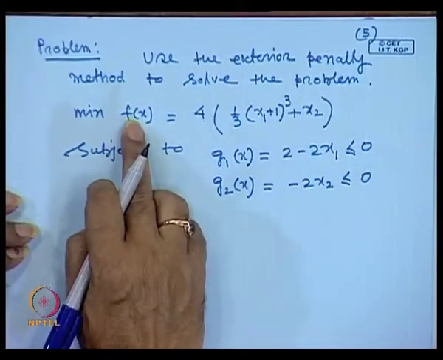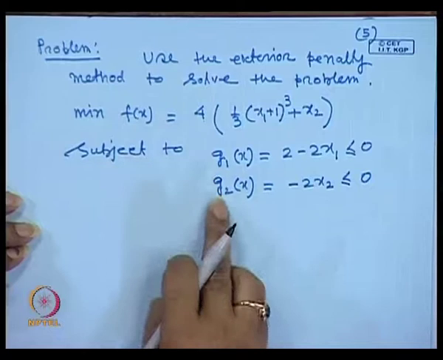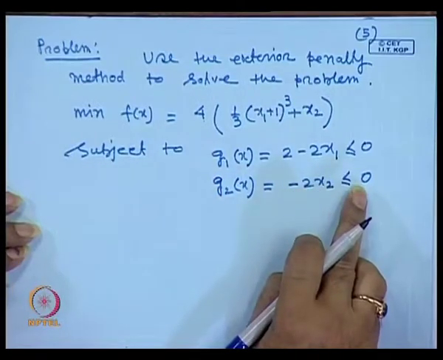Our function f of x is a nonlinear function, and the two constraints are linear inequality constraints.